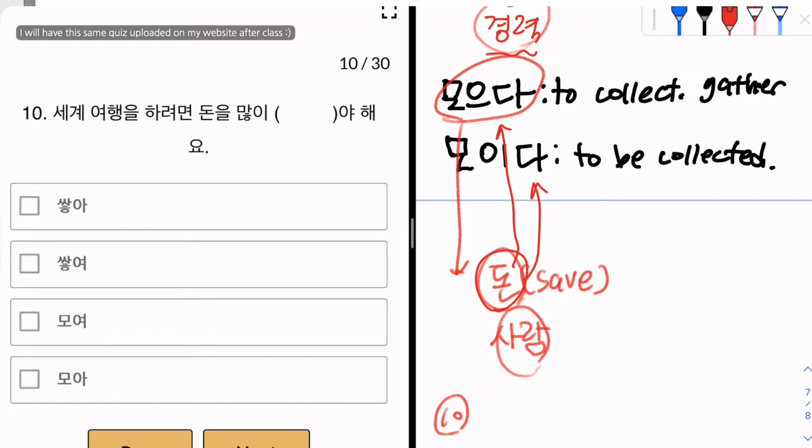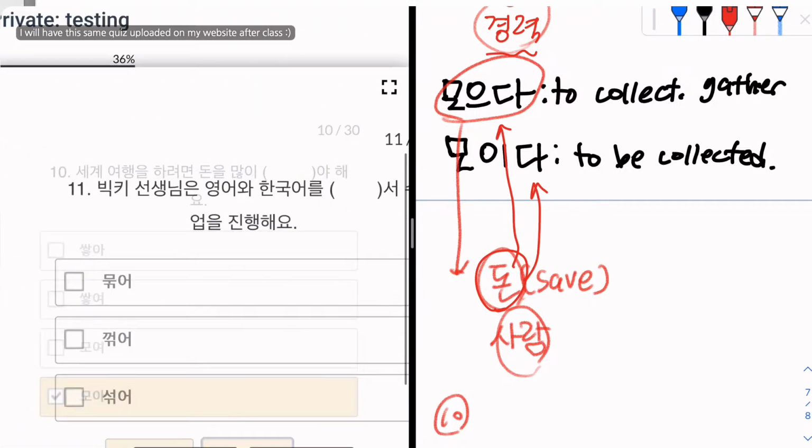And since 돈 is an object here, 돈을, you would want to use the transitive verb that has 돈 as an object. So that would be 모으다's present tense conjugation, 모아, right? So 세계 여행을 하려면, if you want to travel the world, then 돈을 많이 모아야 해요. You need to save a lot of money.